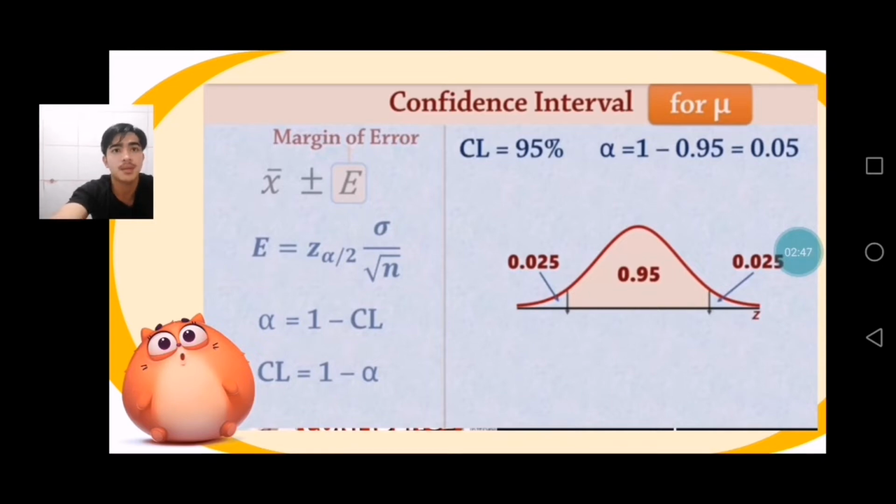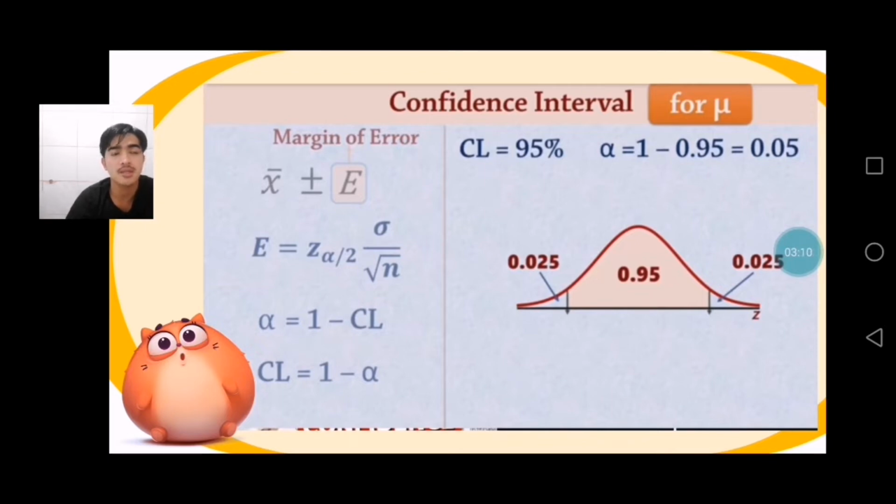The confidence interval for the population mean is determined by taking the sample mean x bar, as you can see on the left part of your screen. The x bar is the point estimate, and we subtract or add the margin of error E.